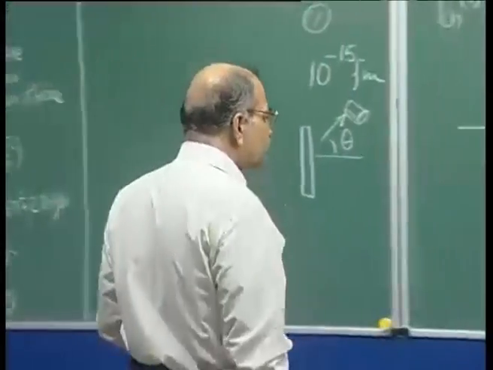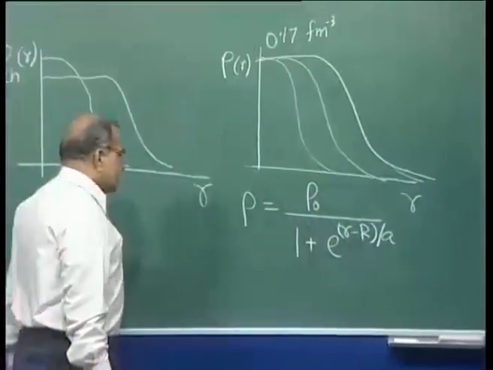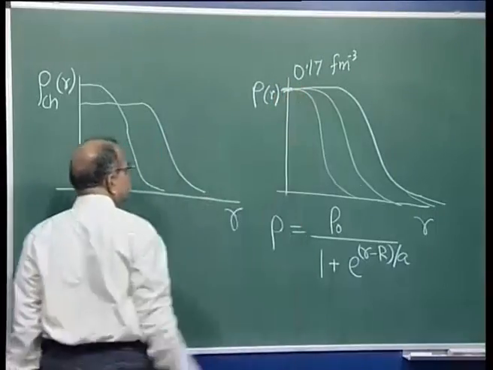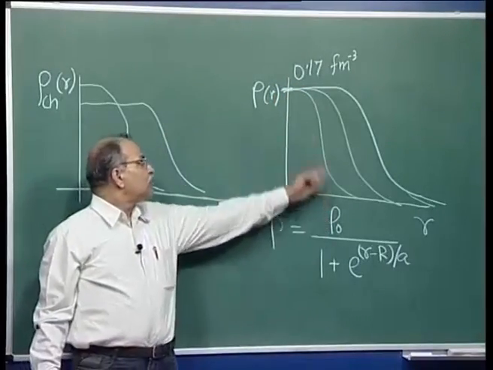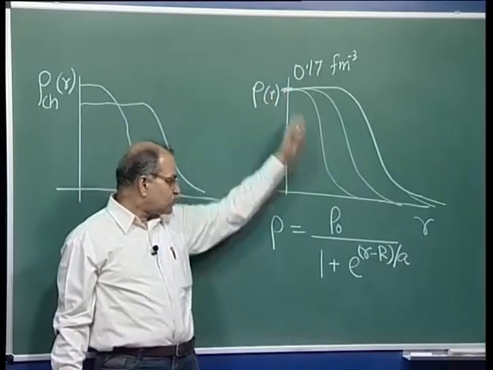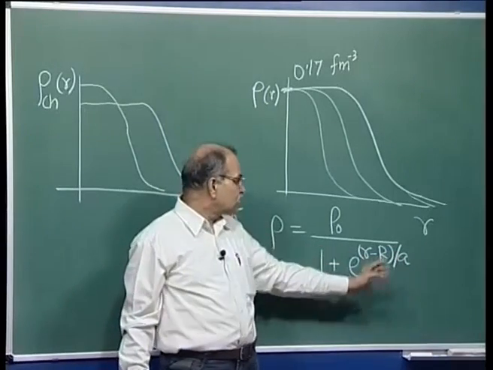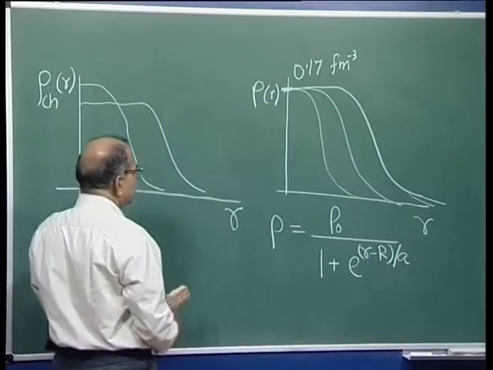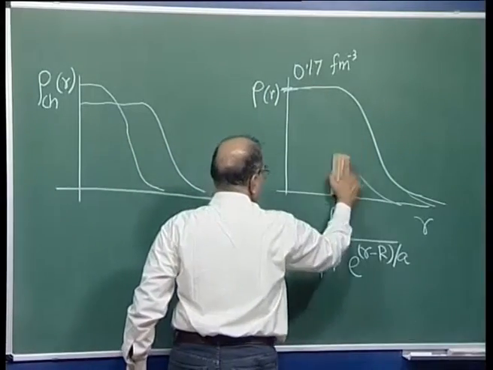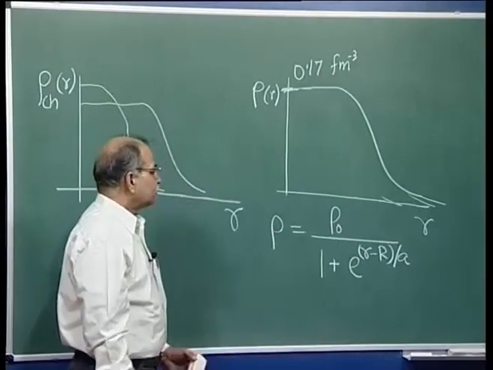Now, if you look at this particular function more closely, this rho naught is almost this central value, and then there are two more parameters, this capital R and this small a. Now, to understand the function better, take one curve.